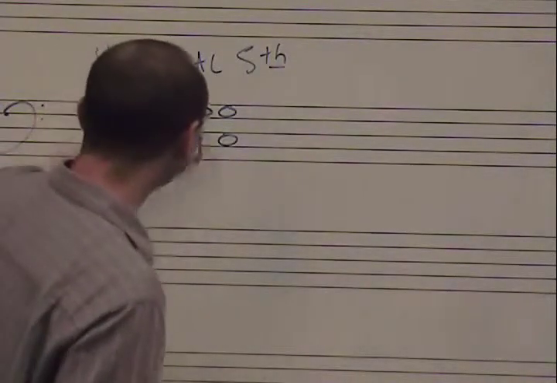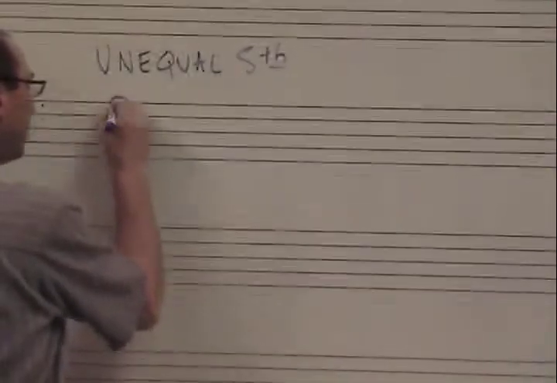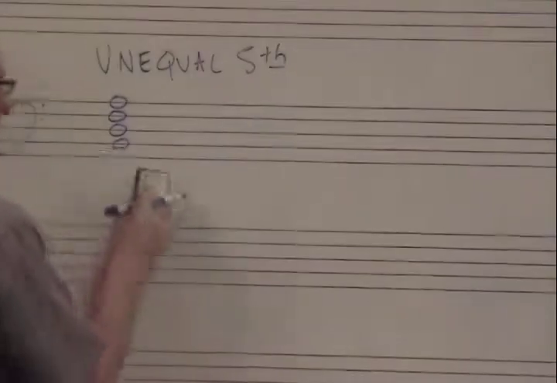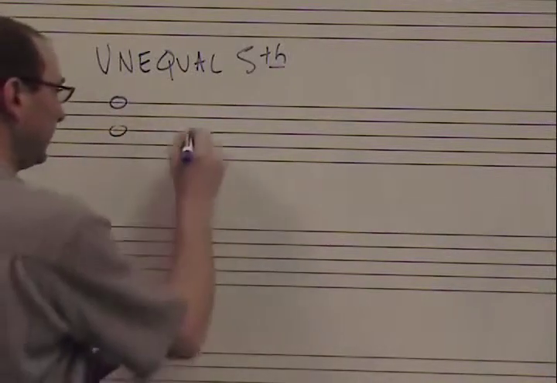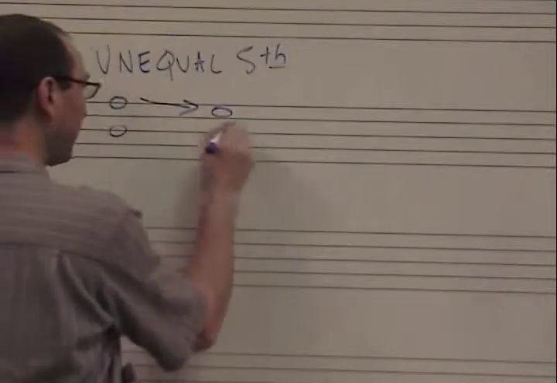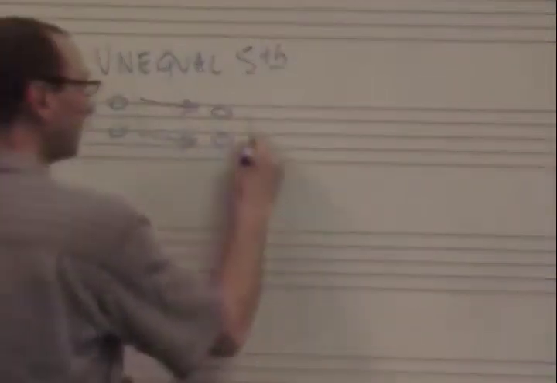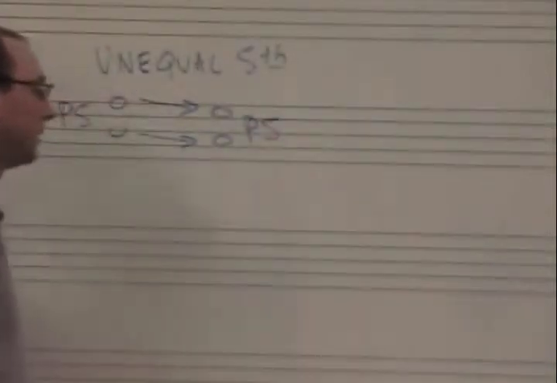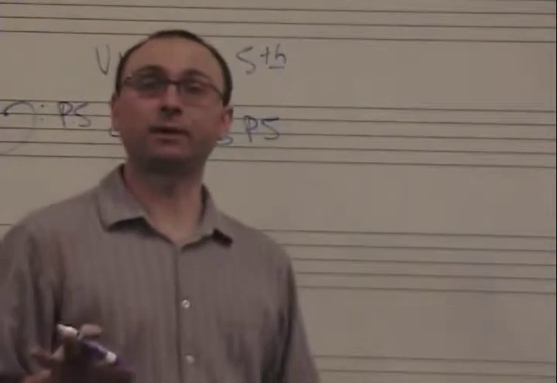If I look at the other fifth, which we identified as a perfect fifth, once again, here's our chord. If I take away these two notes and I look at how they voice lead, I notice that parallel fifths, parallel perfect fifths, are a possibility.